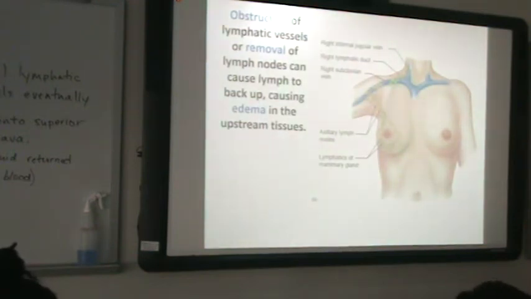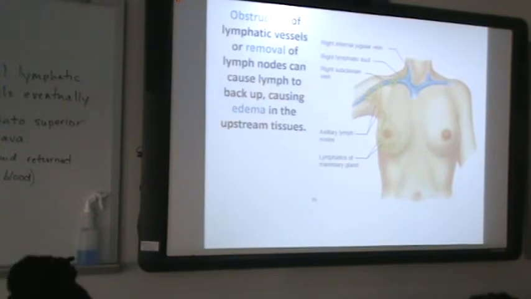So that amount of information is what I'm covering for lymphatic system. What are the parts of it? What makes the lymphatic system? Lymph nodes, lymphatic vessels.